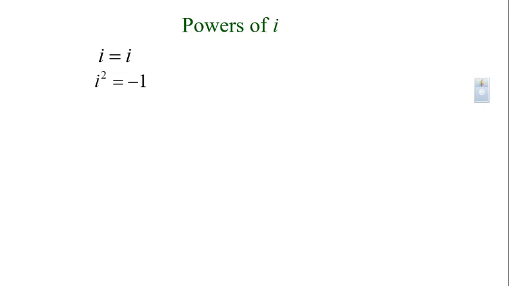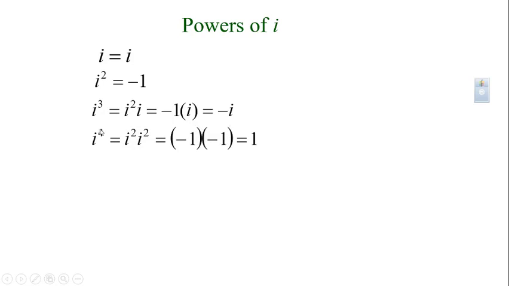So what do we do to get i cubed? Well, i cubed is i squared multiplied by i, because basically i cubed is multiplying i by itself 3 times. But i squared, we just saw by definition, is -1. So i cubed is actually -1 multiplied by i, and that gives you -i.